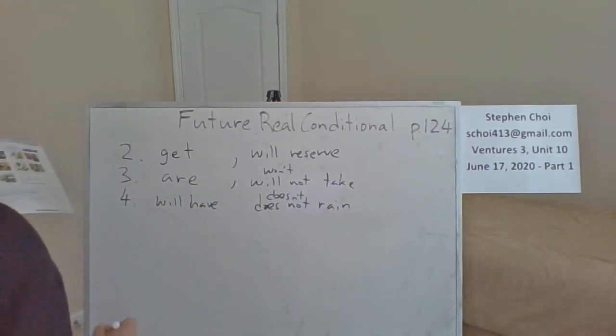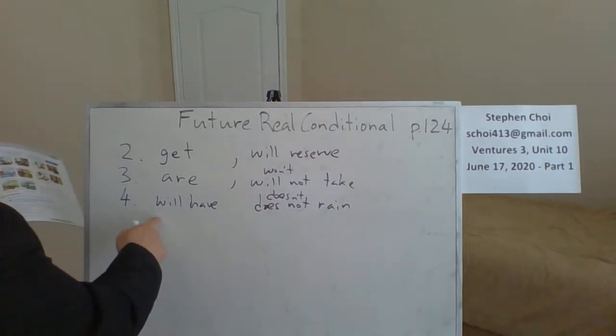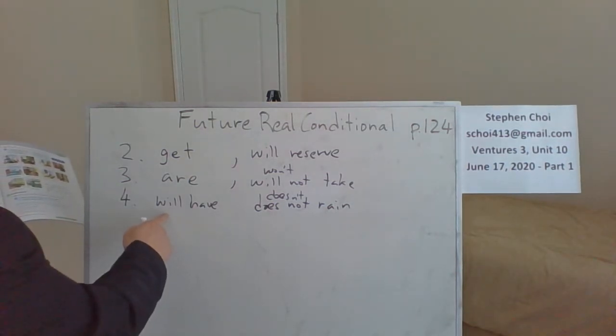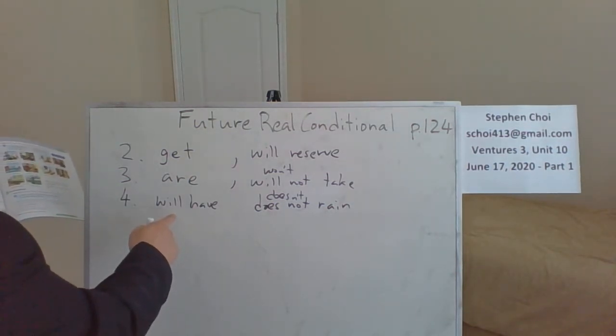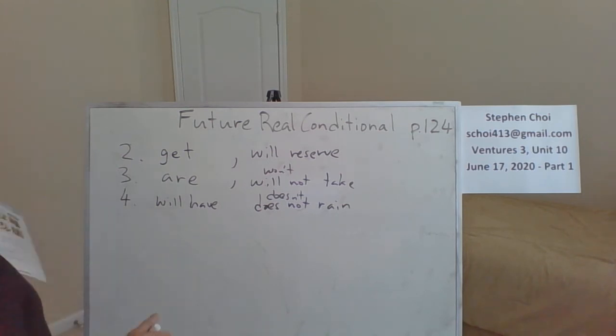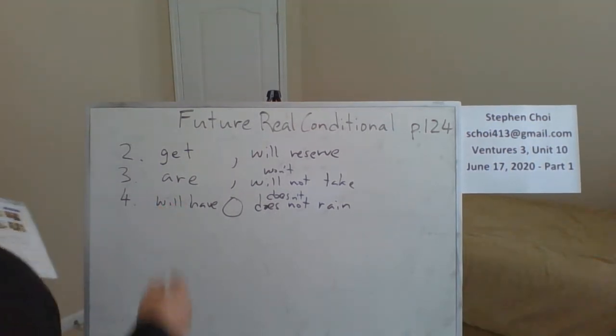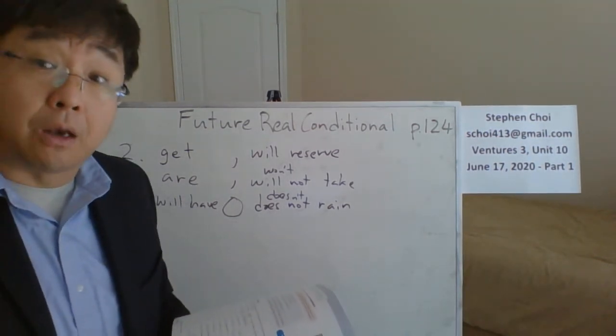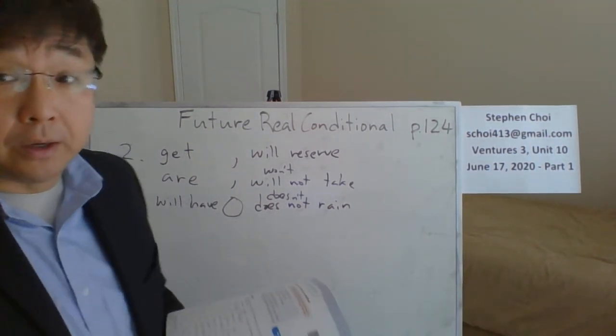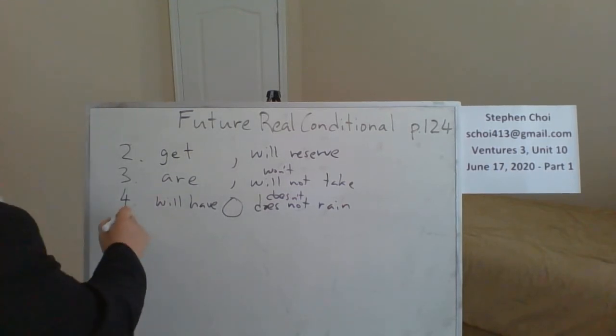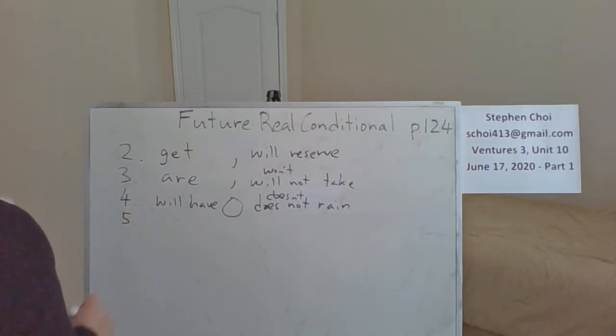All right. So number 4 is we will have a picnic on Saturday if it does not rain. And do you put a comma or no comma? No comma because it begins with the main clause, right?